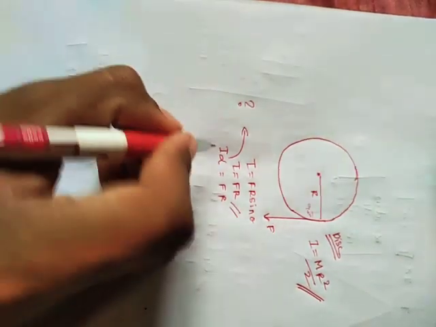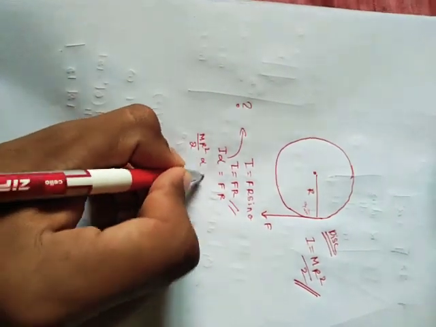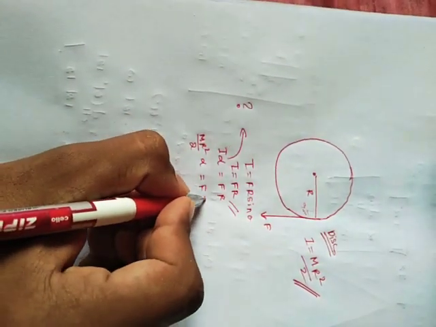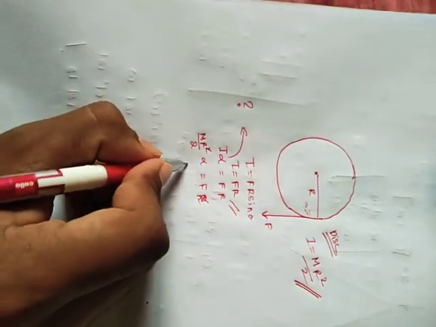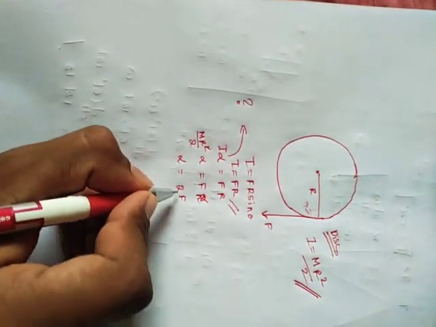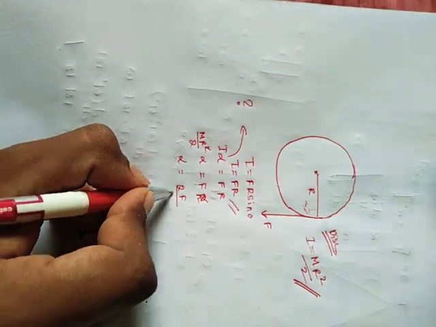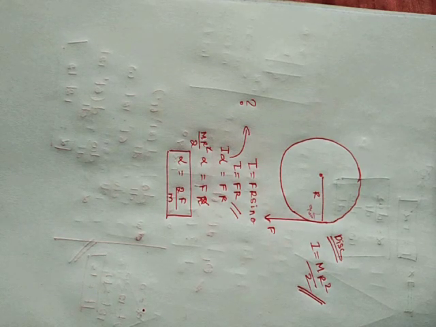So I am applying here: I alpha equals F into R. The R square and R will be cancelled out, and the angular acceleration equals 2F by mR. This was the question, and we found this.